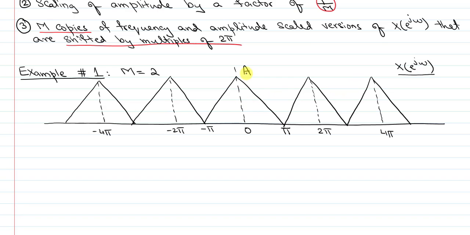The maximum height that it attains is A, and the periodic repetition of this DTFT starts from minus pi to pi and keeps on going. Now we want to look at what happens when x[n] is downsampled by a factor of 2. What happens to the Fourier transform of my signal?